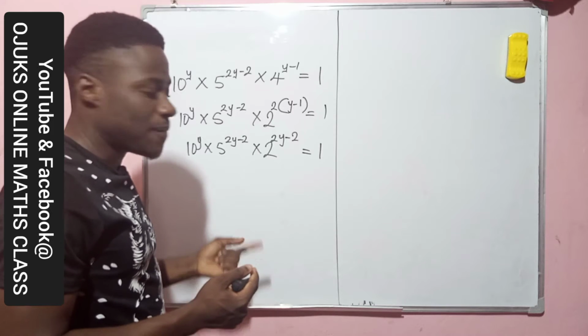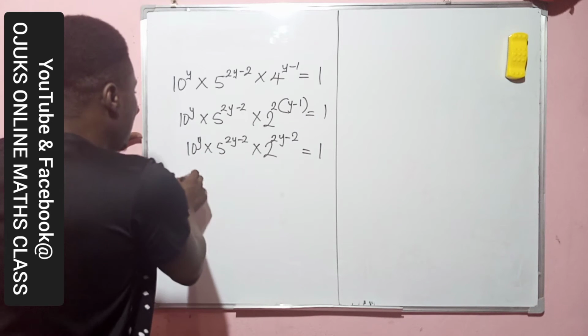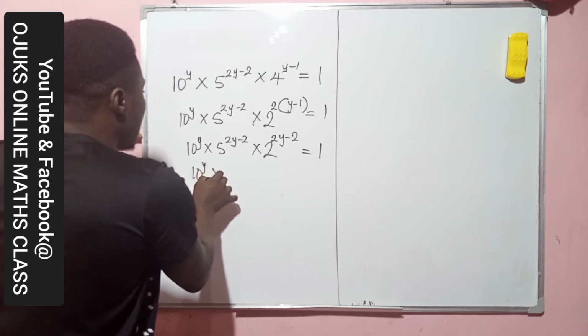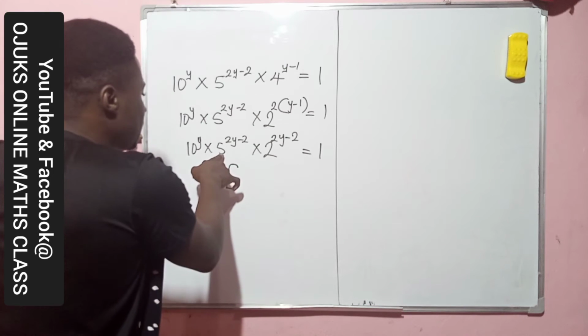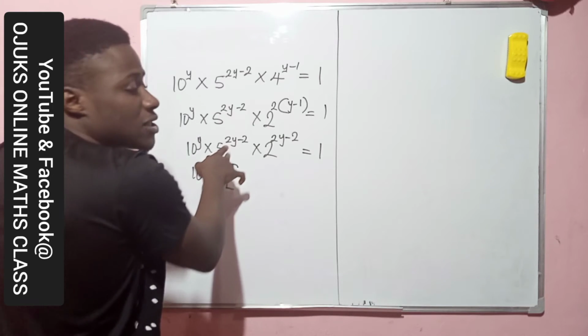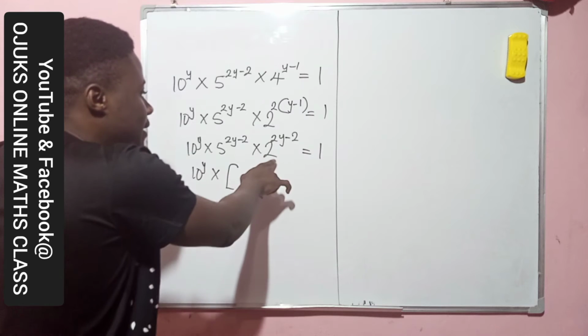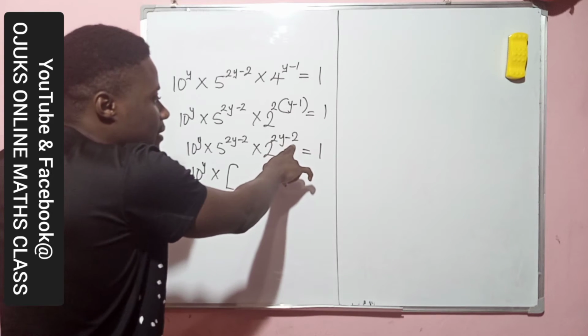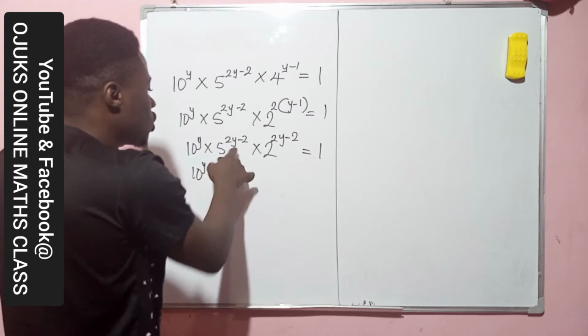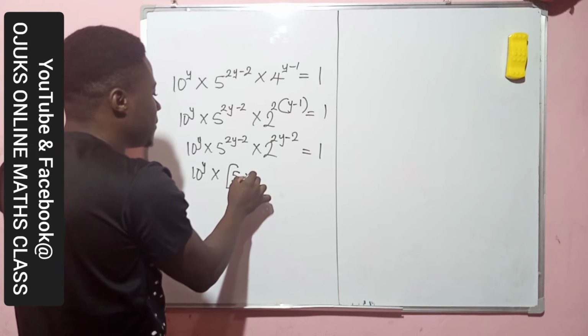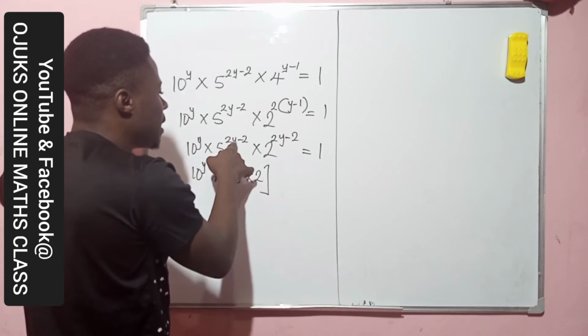What do I mean by that? If we are to solve this, simply I'll have 10 raised to the power y times, in bracket, 5 having an index of 2y minus 2. The same goes for 2, having the same index. If that is the case, I will just multiply their bases, which is 5 times 2, then raise it to their index.